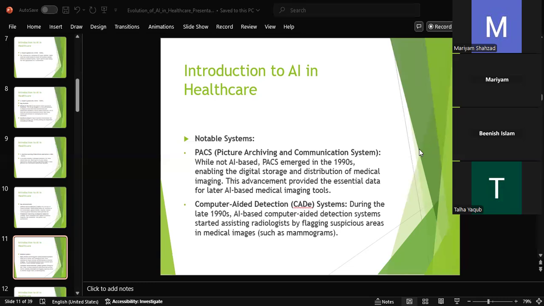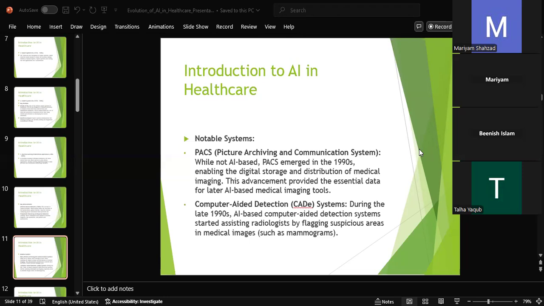Along with some benefits come limitations as well. What were the limitations? They were more false positives. It means that the CAD systems could sometimes flag benign findings as suspicious, which led to unnecessary follow-ups or biopsies.